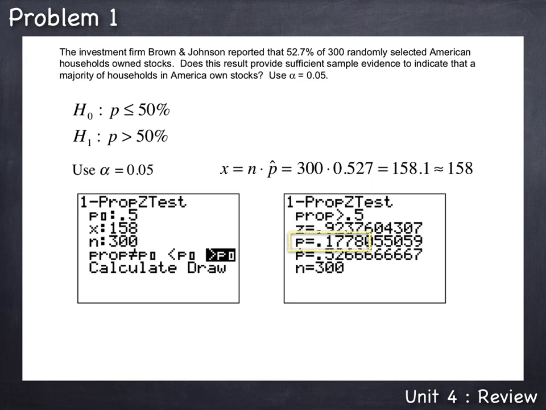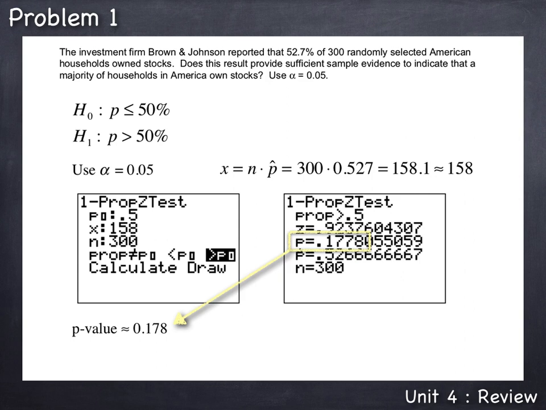So we look at the 4th place, in this case an 8. Anytime that digit is 5 or higher, we round the next number up. So in this case, the 8 rounds the 7 up to an 8, and we write that the p-value is approximately 0.178.